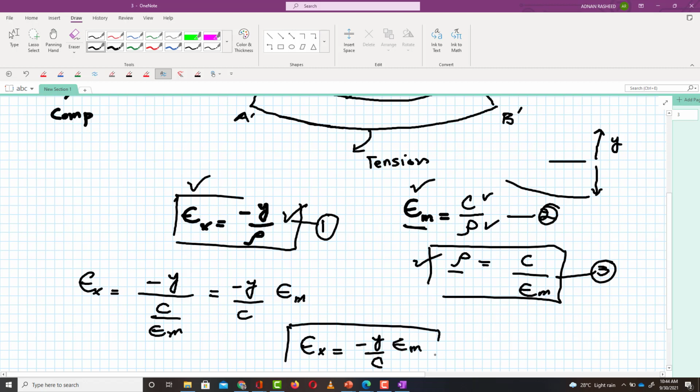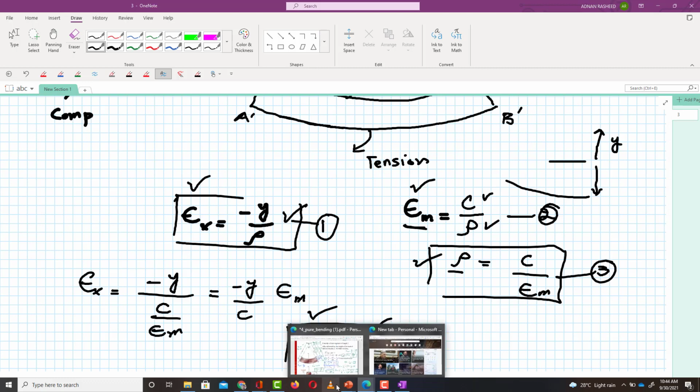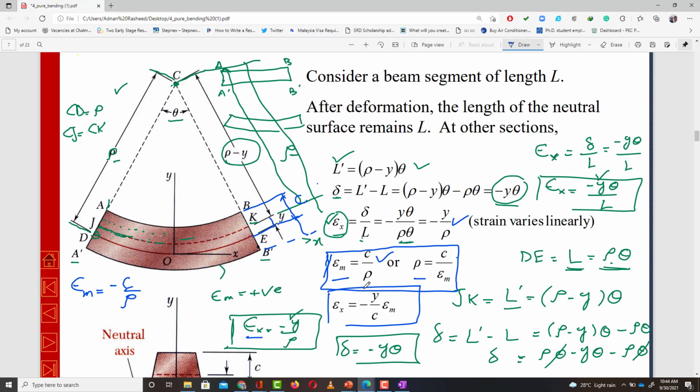So if you have the maximum strain and want to find the strain at any point above the neutral axis, you can find the strain by using this equation. Again, you can see that there are 4 variables: epsilon x, y, c, epsilon m. If you know any 3, you can find the 4th one. Clear? So remember this equation as well. Epsilon x is equal to minus y over c into epsilon m.